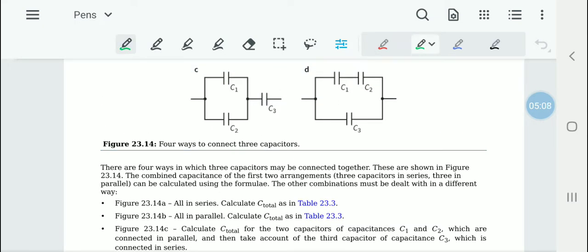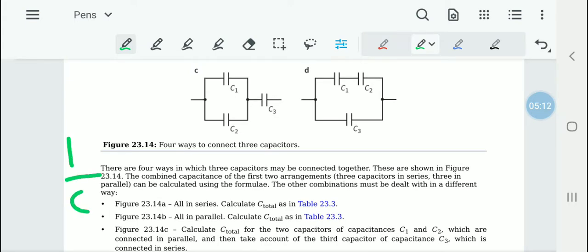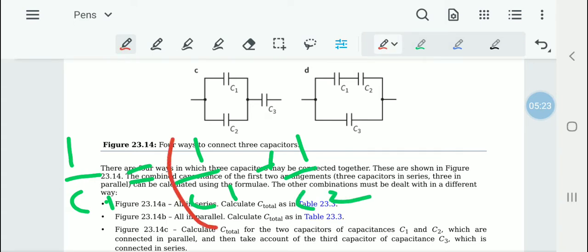Because C1 and C2 are in series, we know that 1 upon C total for those two alone is equal to 1 upon C1 plus 1 upon C2. Then for the entire thing, you get this, and to that you add C3. I hope that makes sense to you.